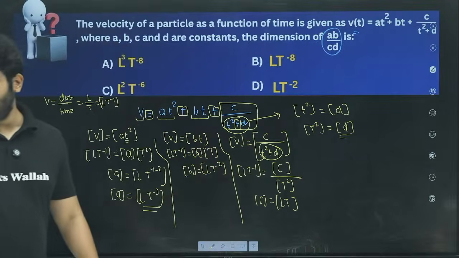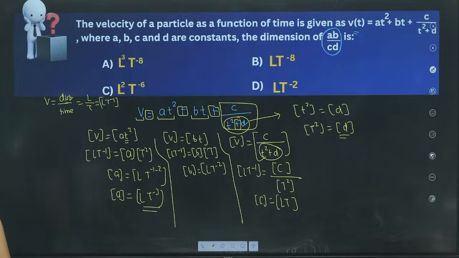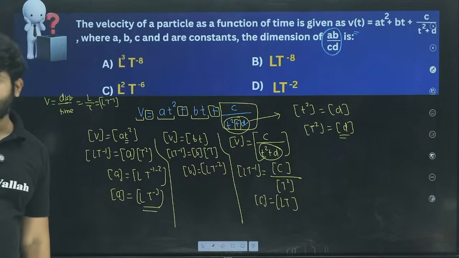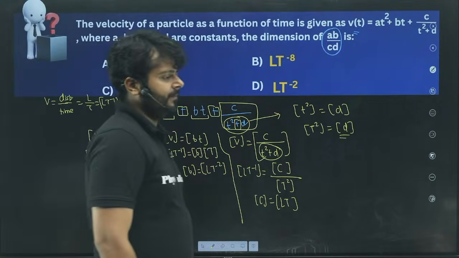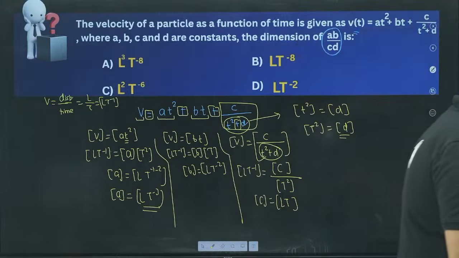So these are the dimensional formulas for A, B, C, and D. Is that clear? These are the dimensional formulas for A, B, C, and D. Right?